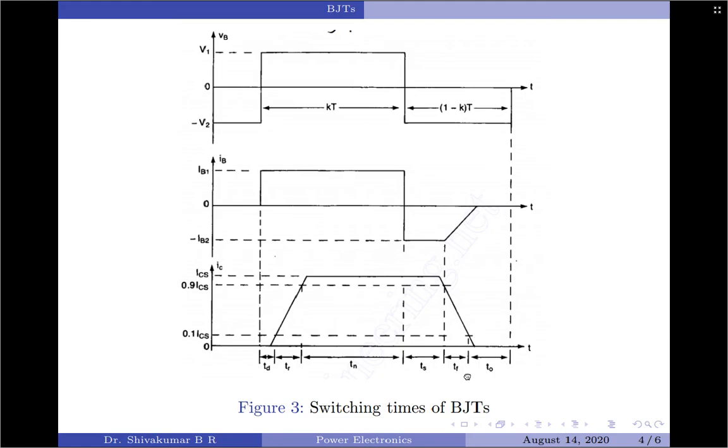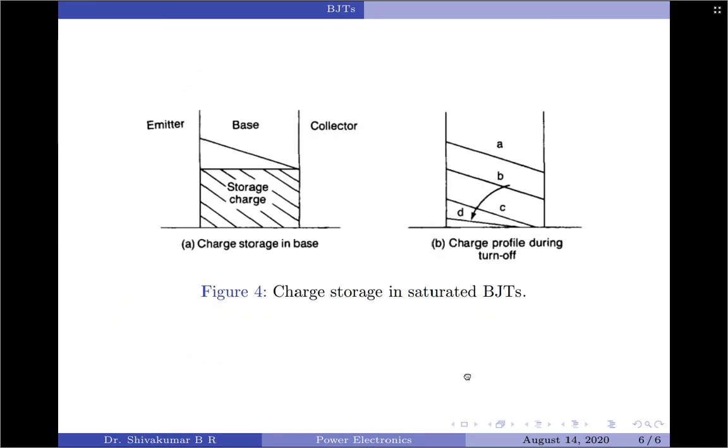Finally, we talk about the storage charge itself. Let us look at the storage charge here. So, this diagram shows the extra charge stored in the base of a saturated transistor. During turn off, this extra charge is removed first in time Ts, and this is the charge profile, and you can see the charge profile during turn off.